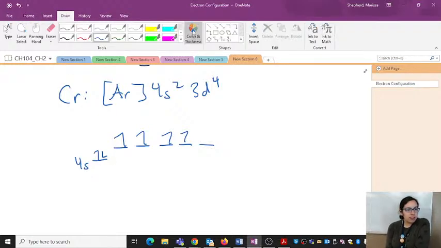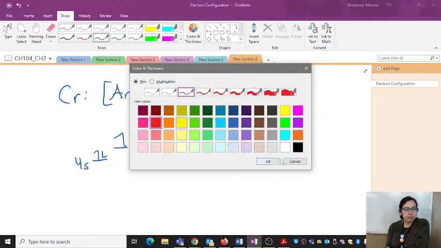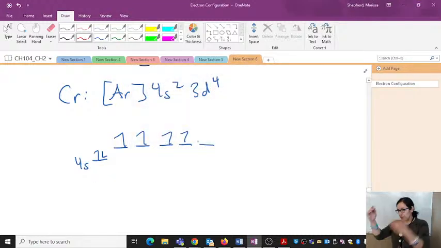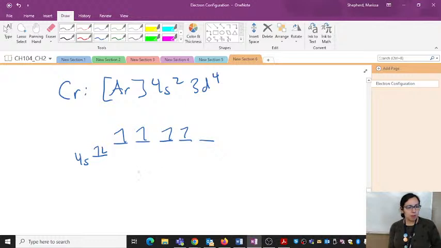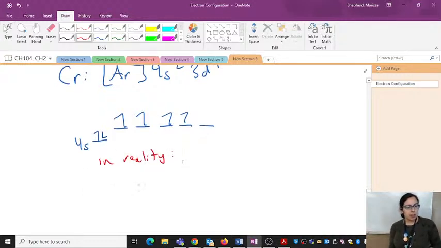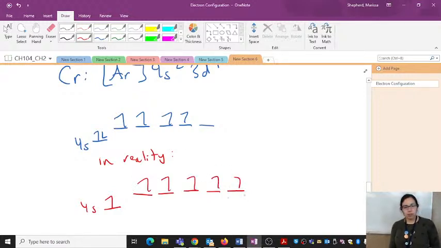And so it must actually be favorable to, again, do some kind of geometry distortion. And then instead, now we have 4s1, 1, 2, 3, 4, 5. And so it must take less energy to just go and give 1 in each orbital, including our d, even though there's some energy gap here, but at this point, it's so insignificant that the distortion makes it so that it's more energetically favorable to fill it up like this.